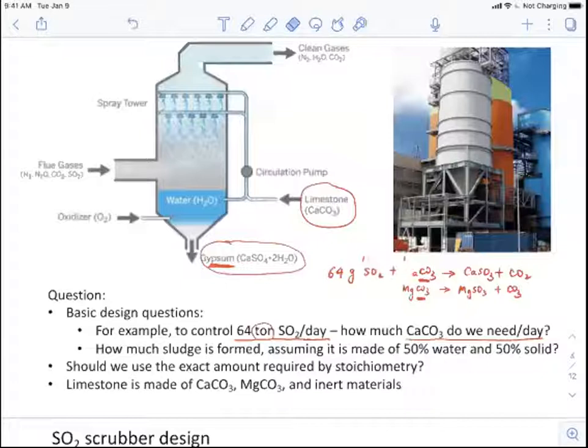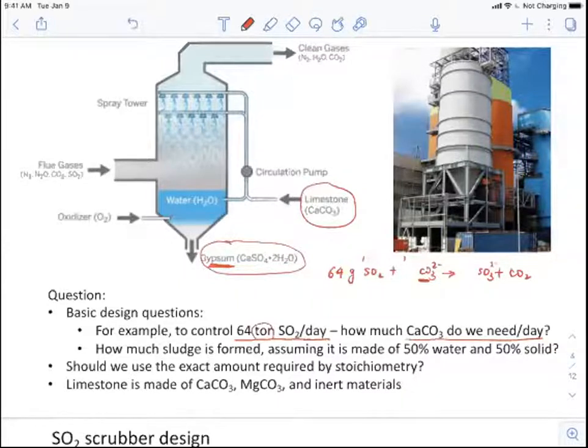We can just remove the calcium here. What really happens is that the sulfur dioxide reacts with the carbonate ion to form sulfite ion and carbon dioxide, and both react at a 1-to-1 molar ratio.